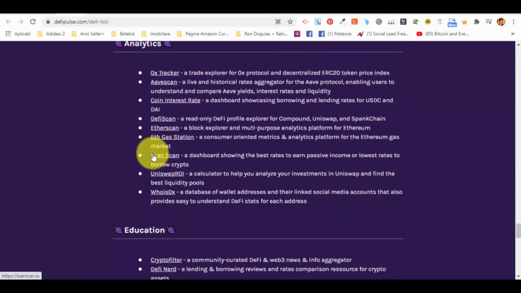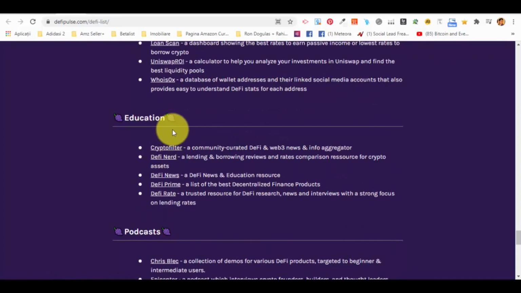Again, you have to do your own research. Obviously, we don't know everything about these projects, because this is a new domain and we are not developers or anything like that. We just show you the potential yield that these projects have in cryptocurrency and what they can generate for you.